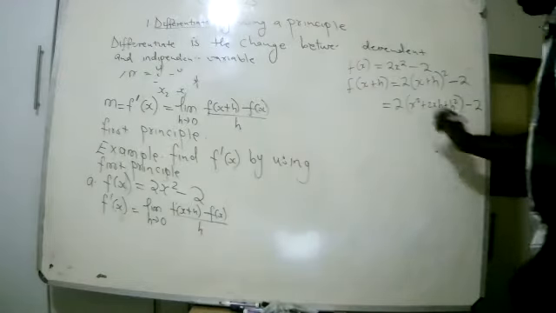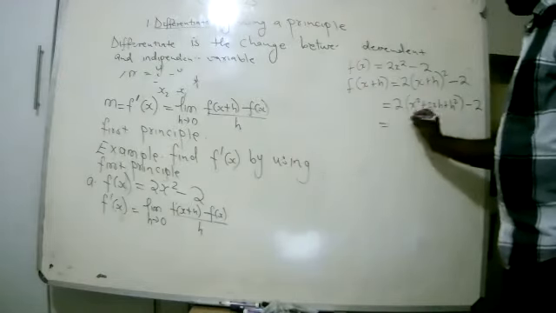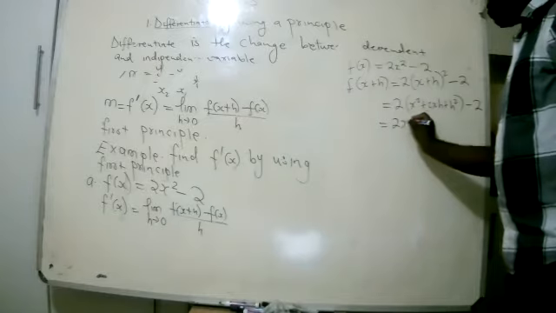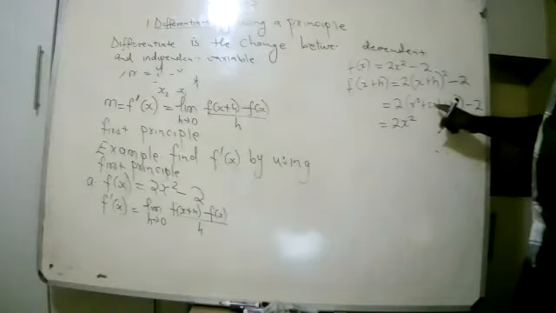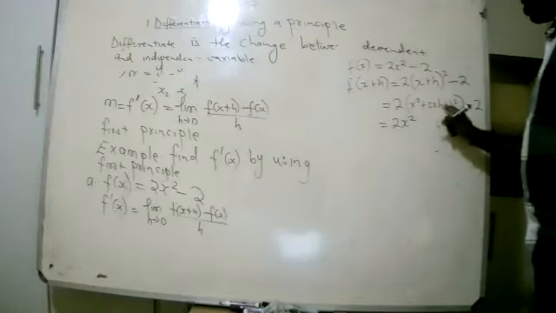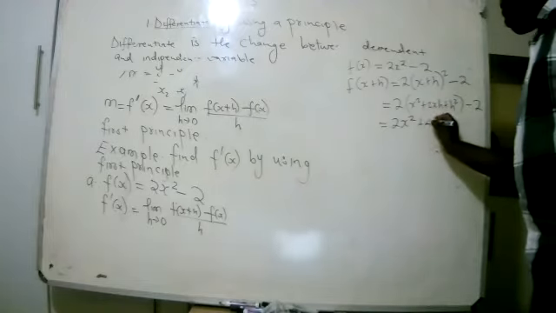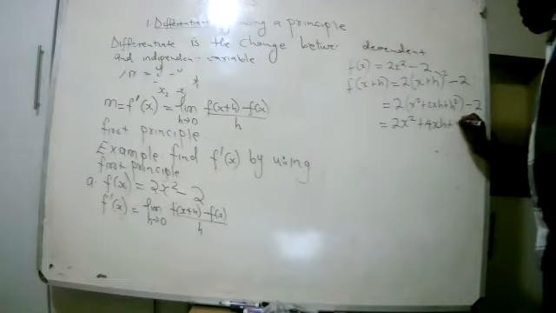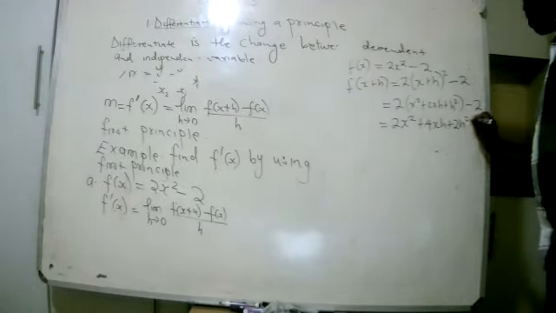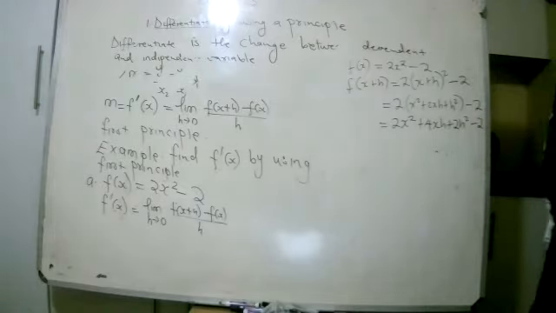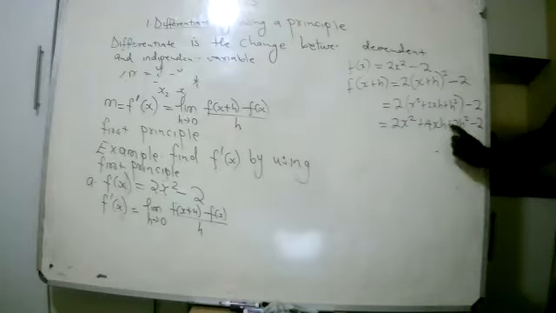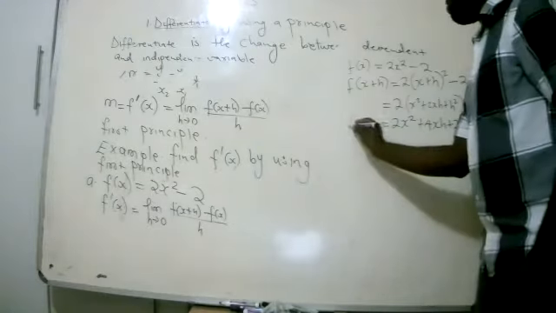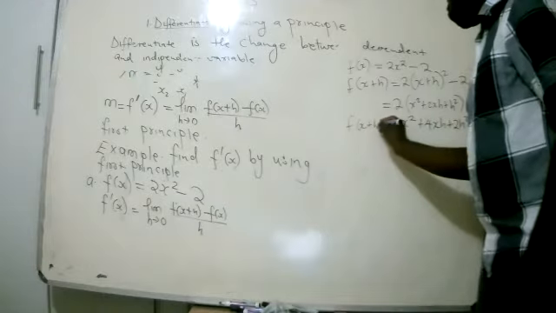So take note of that. When it multiplies the first term, we're going to obtain 2x squared. When it multiplies 2xh, we're going to obtain 4xh. And when it multiplies h squared, we're going to have 2h squared minus 2. So we don't have like terms here. This is your f of x plus h.